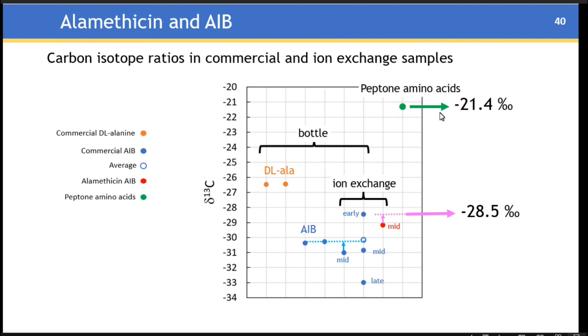And this difference here, then, is very significant. 7 per mil, which is exactly what Elsilla saw in his GC mass spec type of analysis. So this is reproducible. This difference is reproducible. No fluke of that experiment, and it's consistent with this analysis, in my view, of the differential isotopic content of AIB.